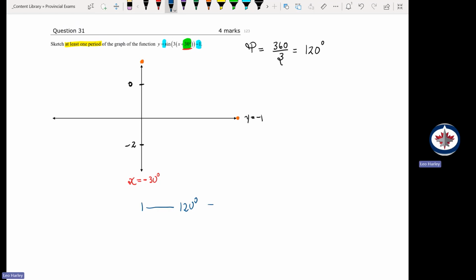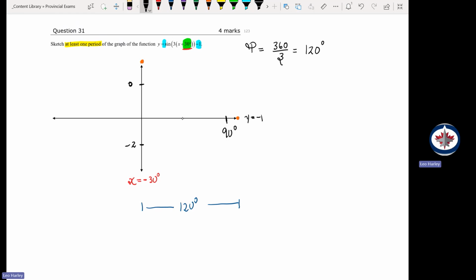This is the period of the function. But then you go back to the graph and you're going to put a ticky anywhere you like. And what value will that ticky be? 90. Because if you take 120 and you add it to our start line of -30, isn't this going to be 90 degrees? And now we just do the quarter points, right?